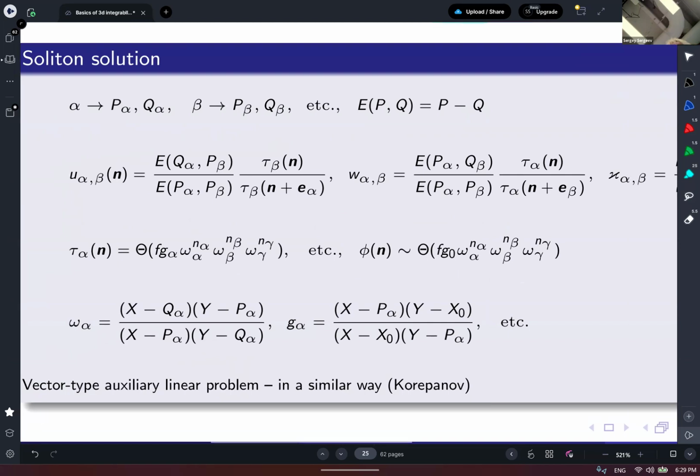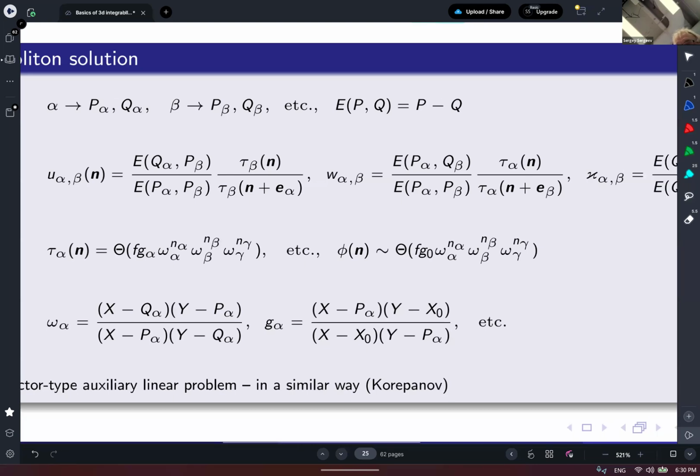Well, what's written here? Let me try to understand what's written here. That's some particular case. All solutions can be written in terms of theta functions or in terms of solitons. An important ingredient is a triplet of tau functions for the scalar auxiliary linear problem.